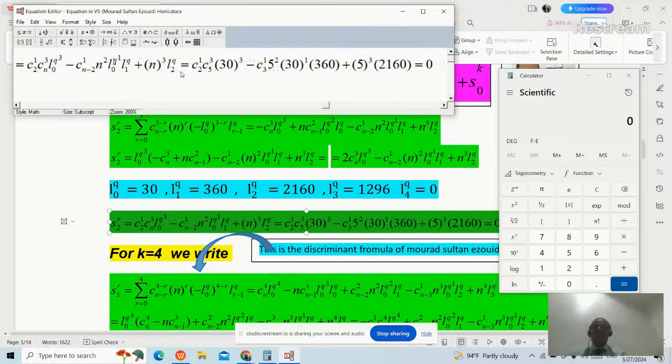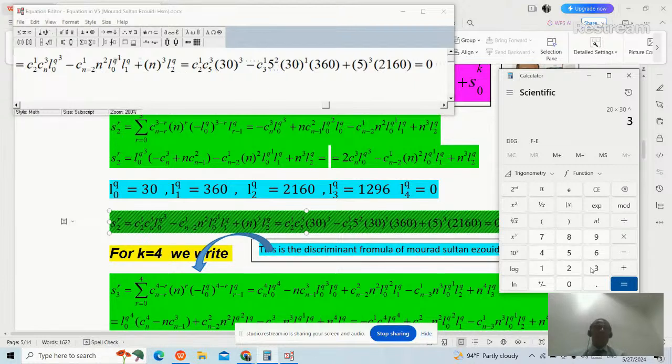Therefore, 5 choose 3 is 20, divided by 2 is 10, so it will be 20. Let me check in the calculator, 20. Okay, times what, learners? Times 30 raised to the power 3. Very important, this example, learners.